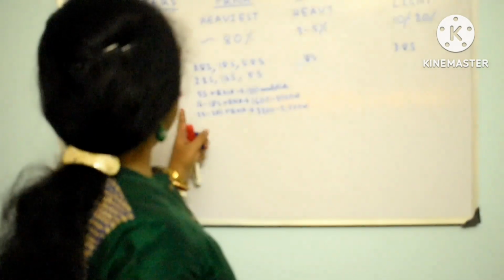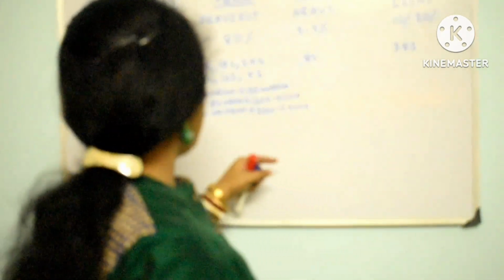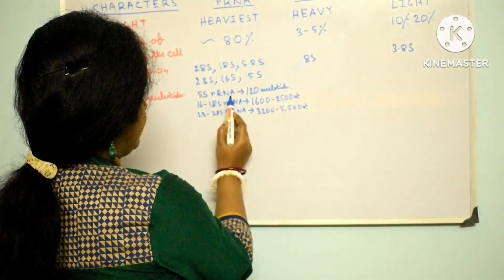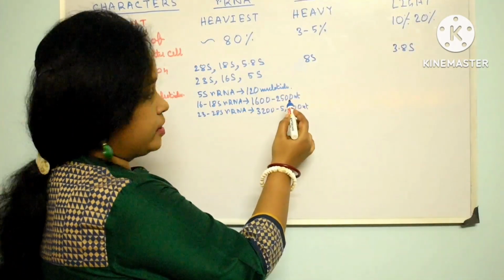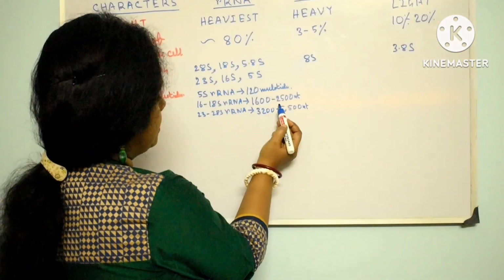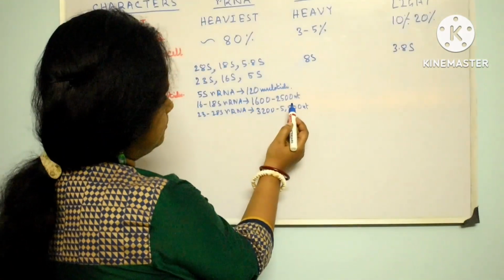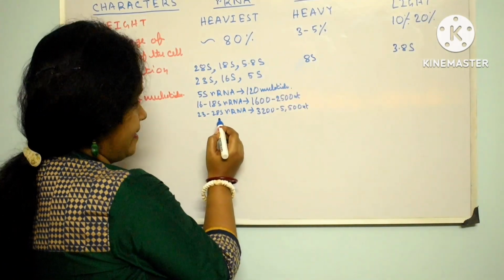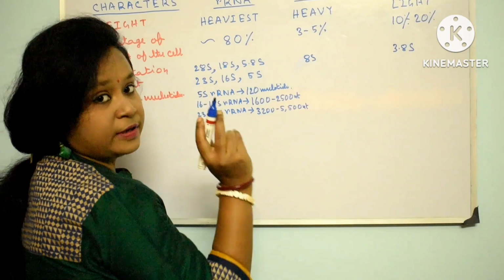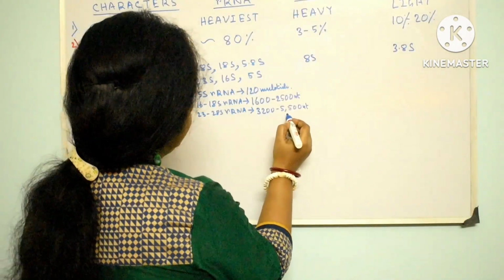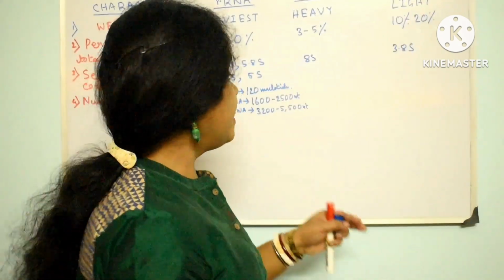That is about the number of nucleotides in rRNA, which has three categories. In case of 5S rRNA, 120 nucleotides are present. In case of 16 to 18S rRNA, 1600 to 2500 nucleotides are present. And in case of 23 to 28S rRNA, 3200 to 5500 nucleotides are present.